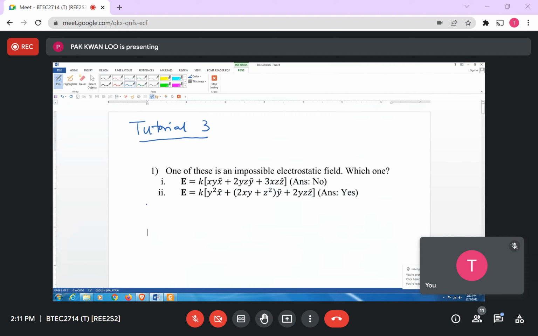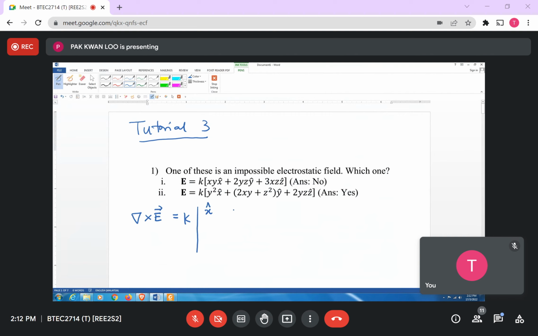So first we test using the curl of E. It must be equal to 0. If it's not equal to 0, then it is not an electrostatic field.